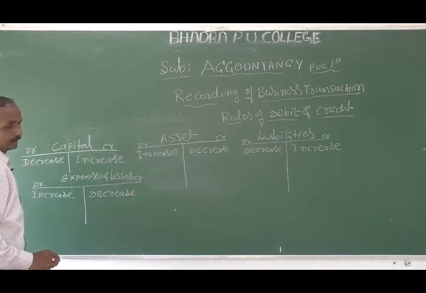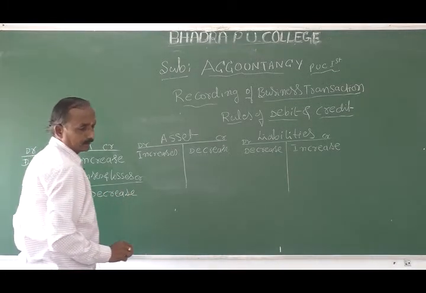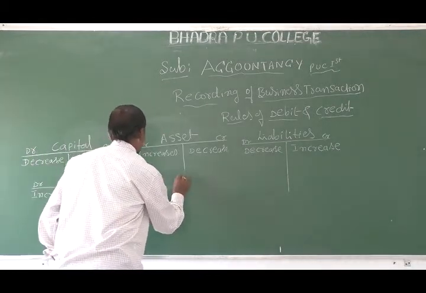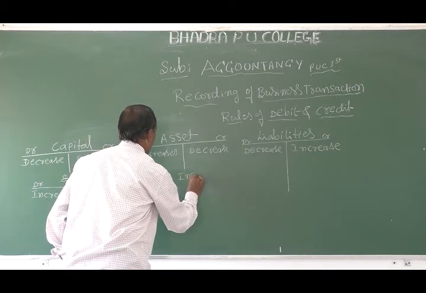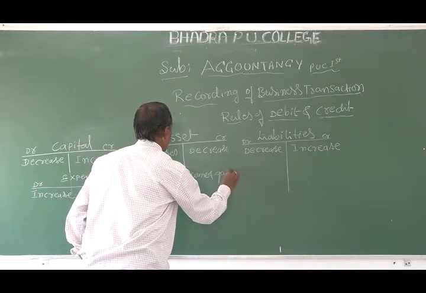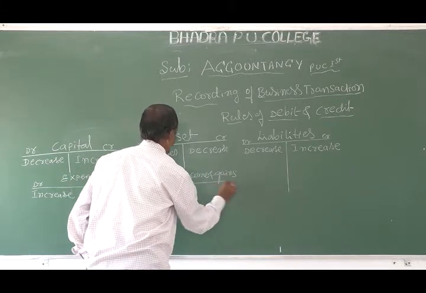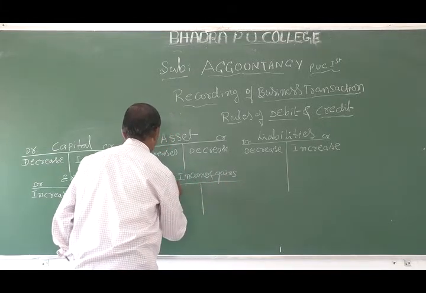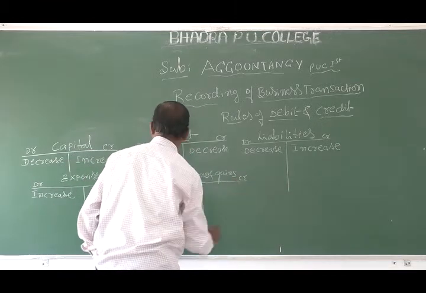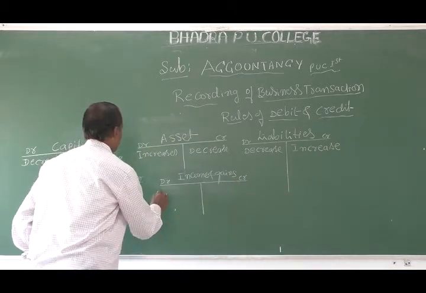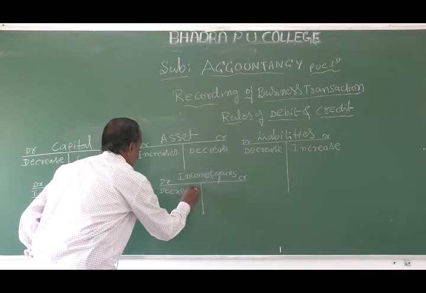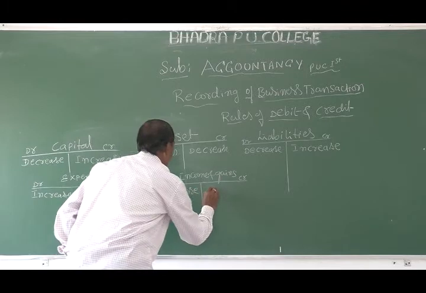Next, income and gains: debit decreases, credit increases.